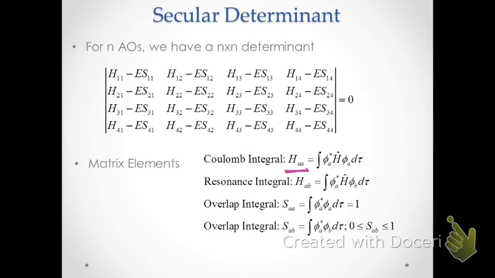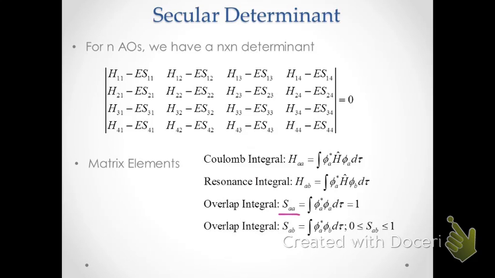And in this case, we'll notice that the integral involves our 2 atomic orbital functions, which are the same, operated on by the Hamiltonian operator for the molecule. So these are all along the diagonal, referred to as HAA. The HAB is referred to as our resonance integral, and our resonance integral corresponds to 2 different atomic orbitals in this integral, and these are going to be all the off-diagonal elements that are represented in this particular determinant.